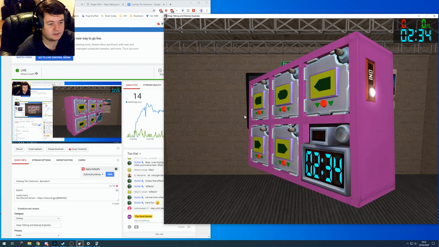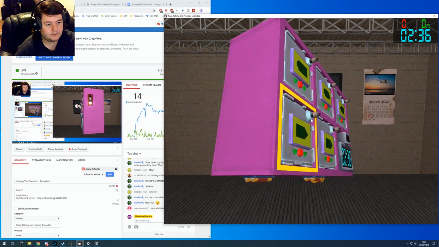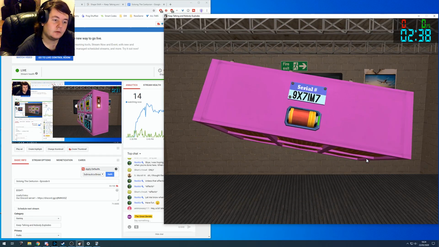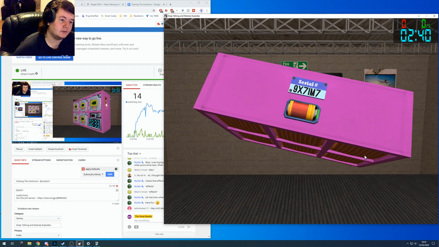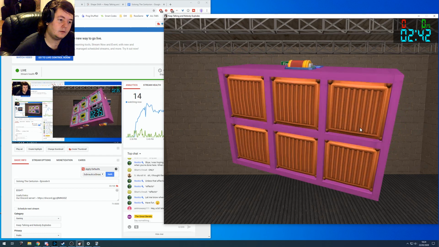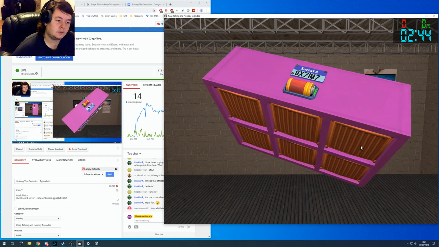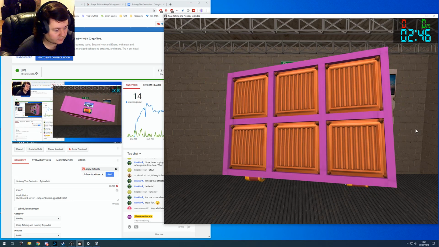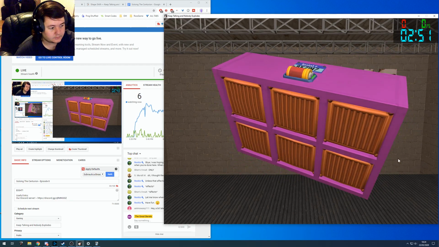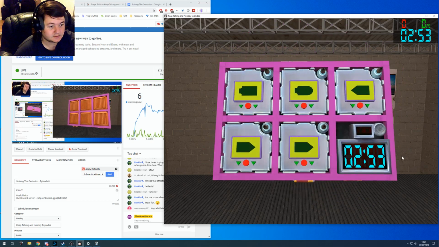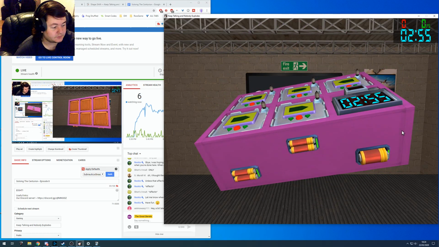11 is vowel in the serial. We do have a vowel in the serial. Is that 16.3? I think so. So we're going to 16. 16 is 3 plus batteries, which we do have.